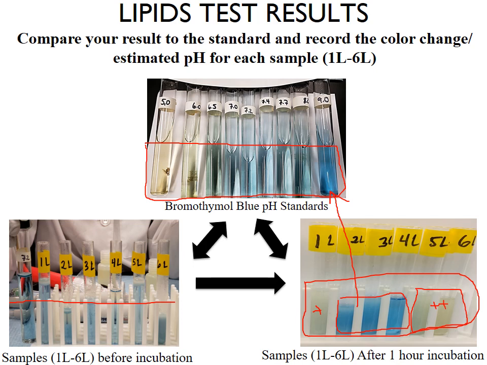So in your result, I'm expecting you to tell me the reasons why 1L and 5L have a slightly similar correlation to 6L, but 2L, 3L, and 4L don't have it.